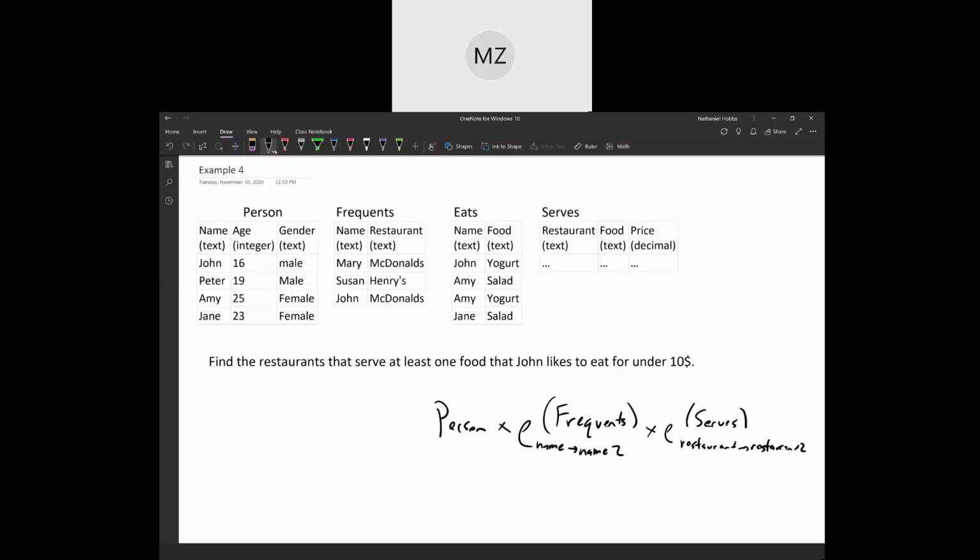And then from that entire thing, we select where name equals John and name equals name 2 and price is less than 10 and restaurant is equal to restaurant 2.